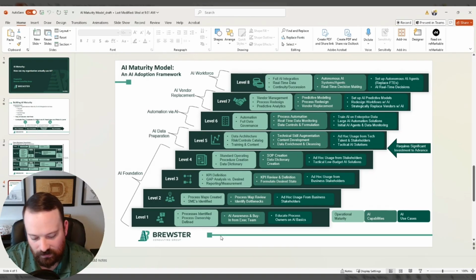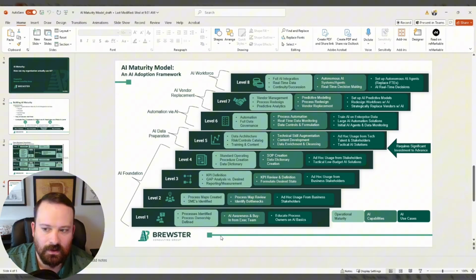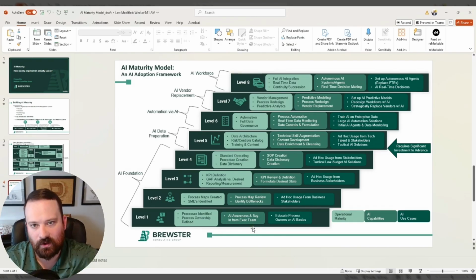You need accountability for the process because that's going to wrap into that cultural adoption for AI inside of the business, right? So if you have that, the AI capabilities when you're at this lower end of operational maturity with a process is really just to begin having awareness, beginning to get buy-in from the executive team and from the process owner.